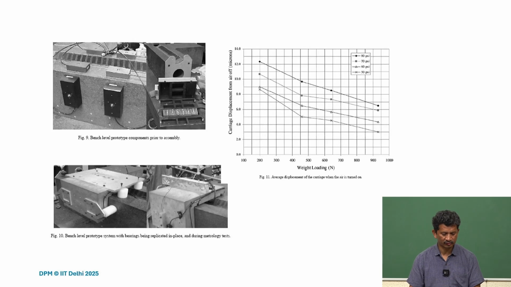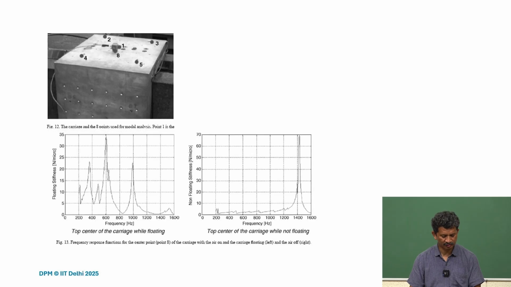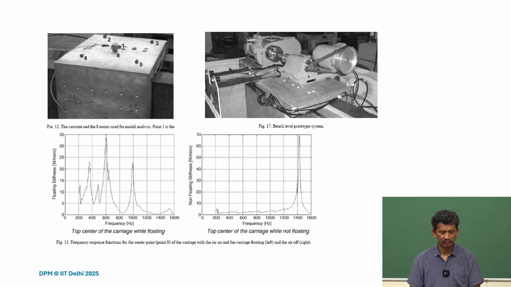And then of course we can see the displacement and the weight loading. Again, you can do all these measurements, try to validate, and get the frequency plots. And at the end, one can always put the motors in and test it for performance.